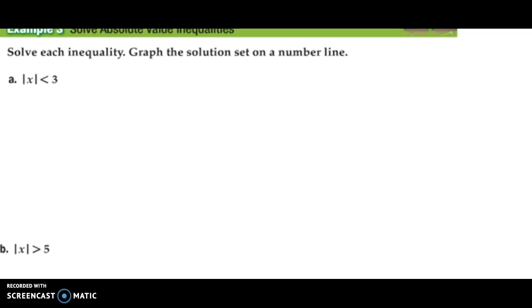The letter A says the absolute value of x is less than 3. That means my distance from 0 has to be less than 3. If I draw my number line right here, here's 0 right in the middle. My distance from 0 has to be less than 3, so it's going to be an open circle there at 3, and it also has to be between 0 and negative 3.